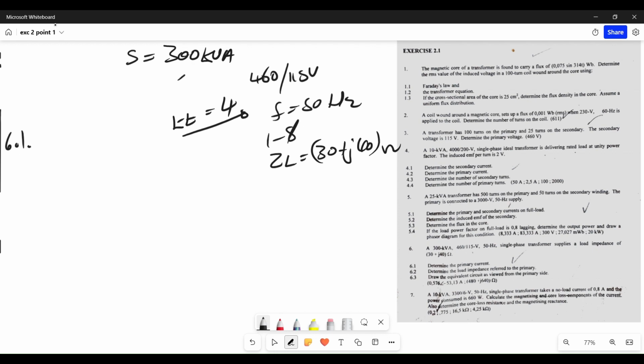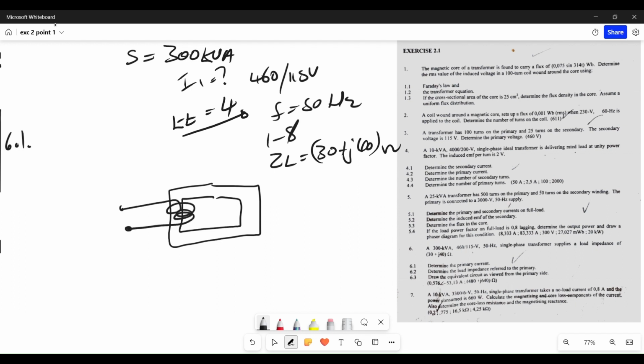So now we can calculate. We need the primary current. Primary current is I1. You might be confused: why am I using V1 in this case? Why am I not using E? If you check, we're given the Z load. You know that a transformer looks like this, a simple way to represent it.